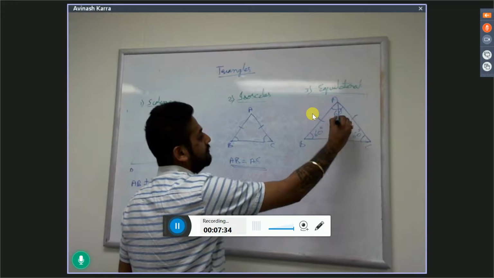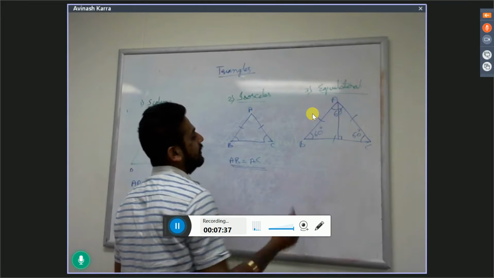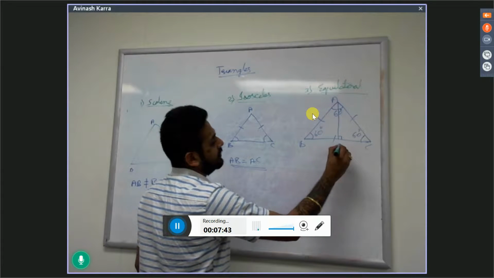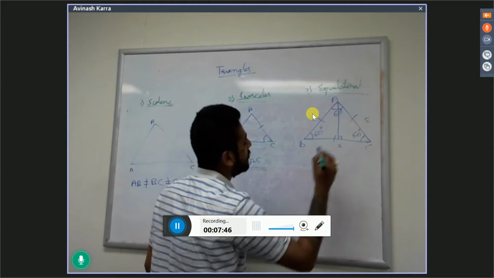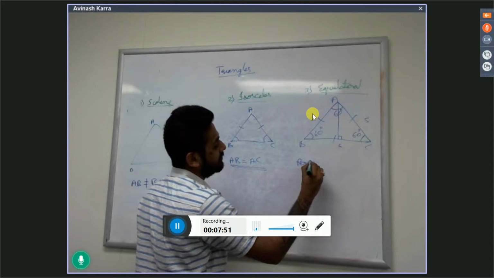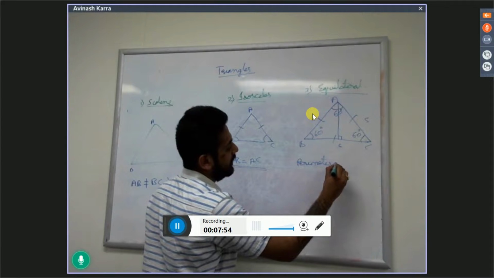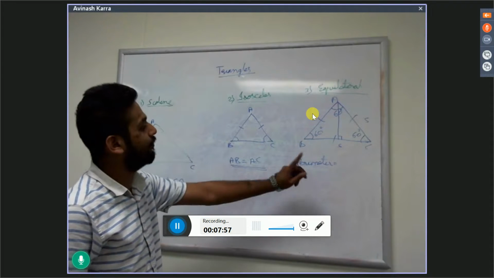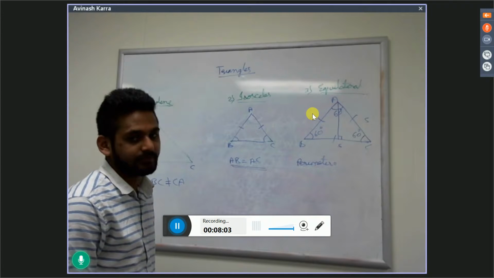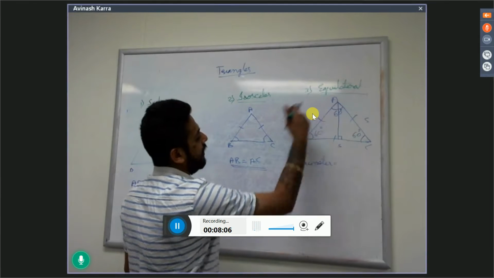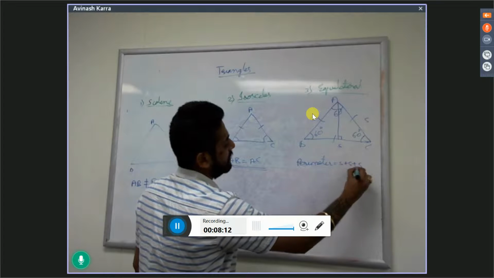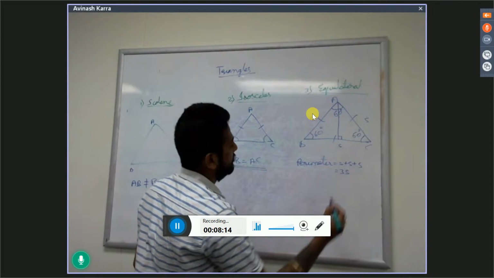For example, if I consider the side as S, what will be the perimeter of this equilateral triangle? Any one of you guys? What will be the perimeter of an equilateral triangle if the side is S? So simple. Add all the sides. S plus S plus S is equal to 3S.